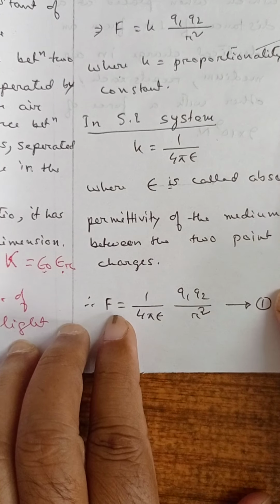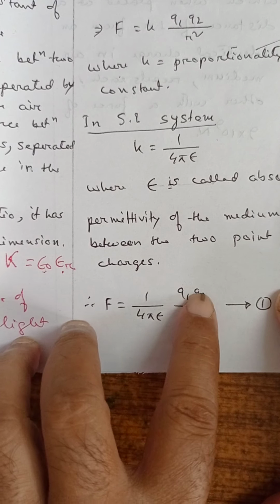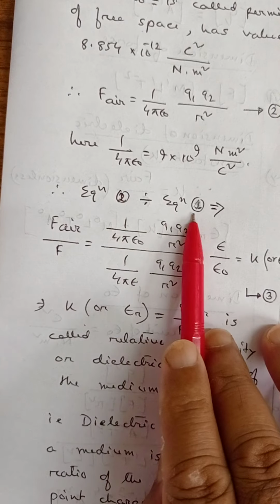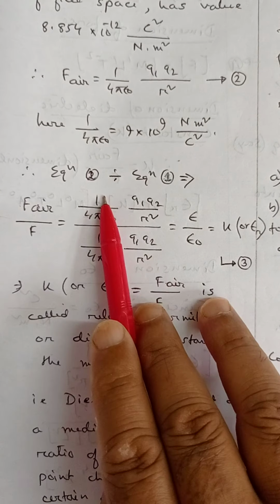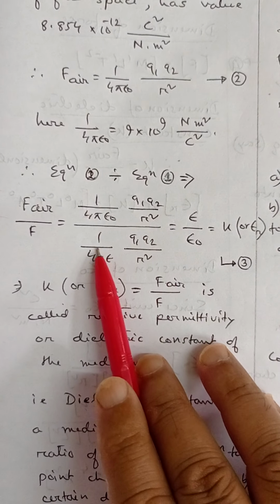Equation 1 is F equal to 1 by 4 pi epsilon Q1 Q2 by R square. So if I divide equation 2 by equation 1, F air by F, I will get this.